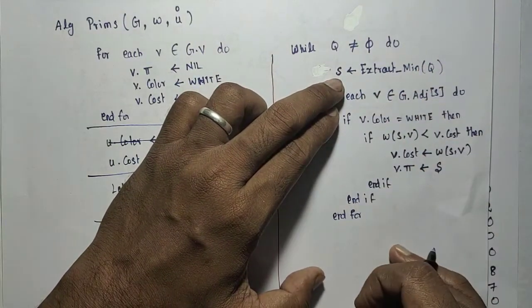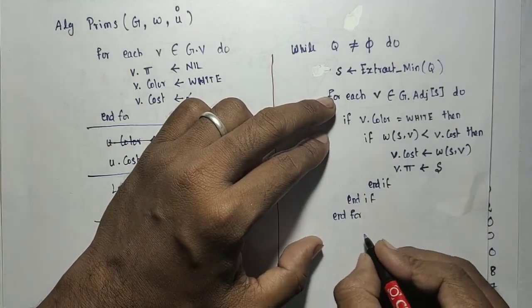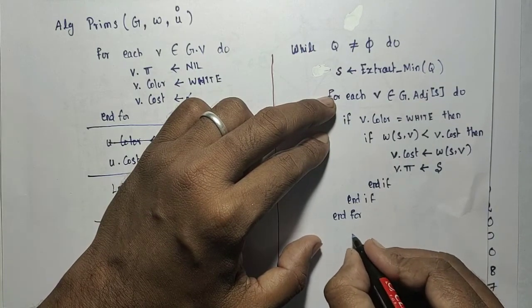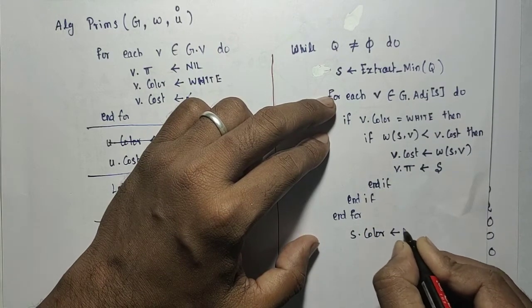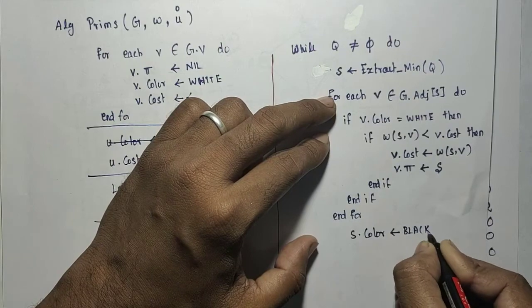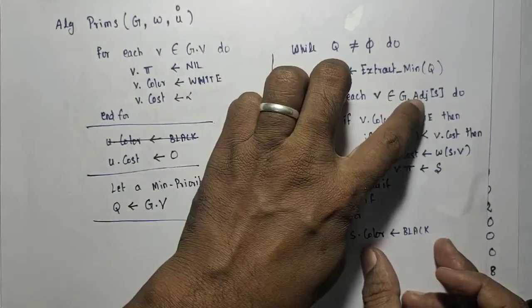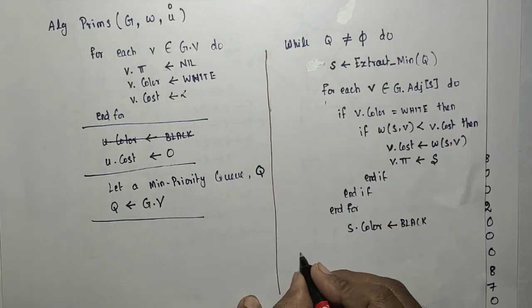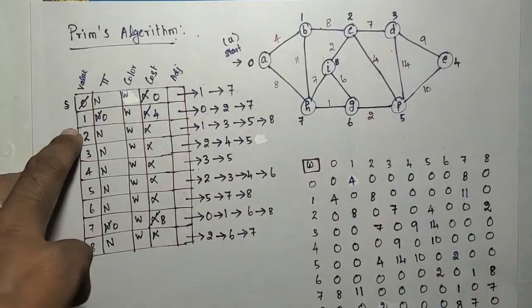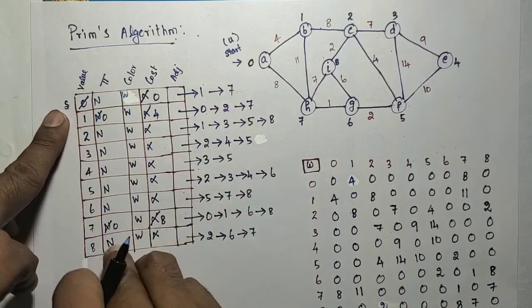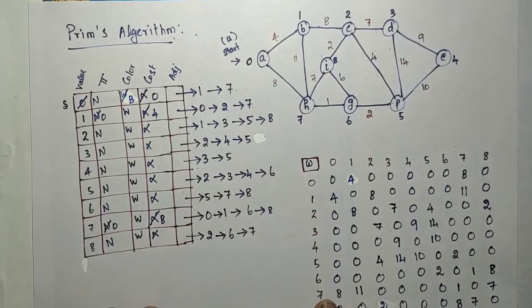Finally only we have to change the color to black, so s dot color is changed to black. Till that you should not change the color. So after updating the adjacent vertices of s, that color will be changed, and end while. So in this first iteration, after updating 1 and 7, the color will be changed to black. Okay, so that's all.